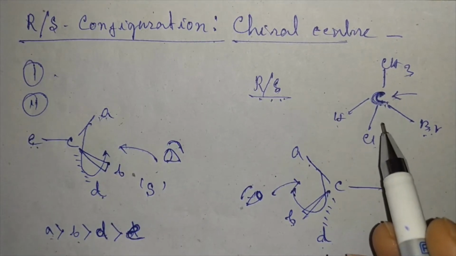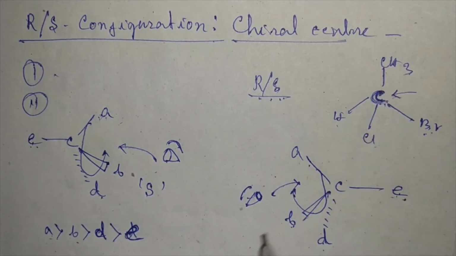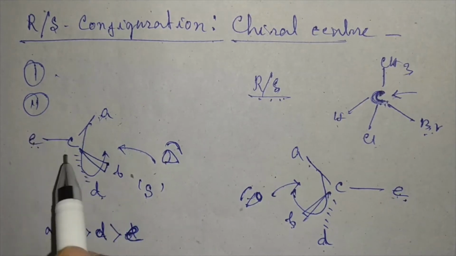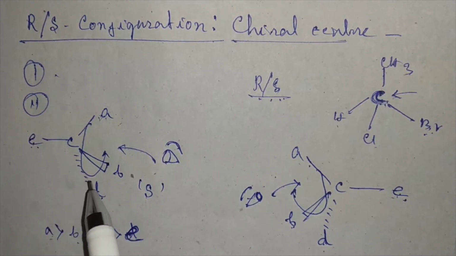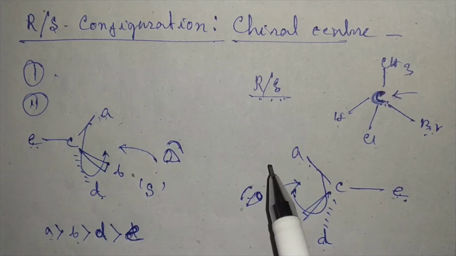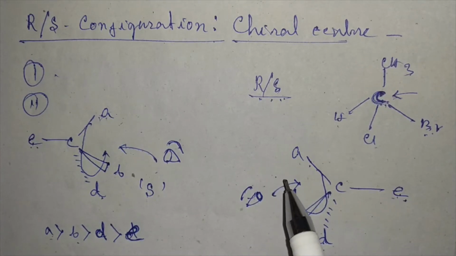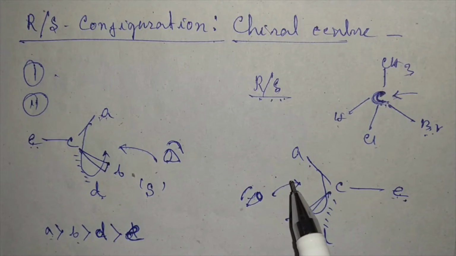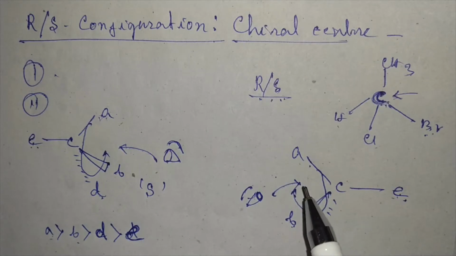And after prioritization, we have to do a second thing, that is we will place the lower priority group away from our eye, then we will rotate our eye from higher to lower priority group, and we will see if our eye is moving in clockwise direction or anti-clockwise direction.